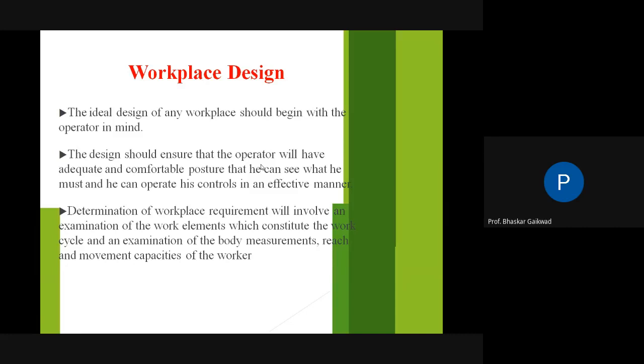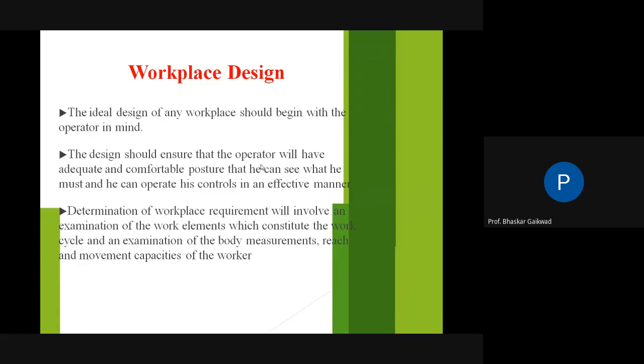According to that, you can design the workplace. The main purpose is to avoid fatigue and stresses in the body. The ideal design of any workplace should begin with the operator in mind. The design should ensure that the operator can comfortably see what he must and can operate his controls effectively.